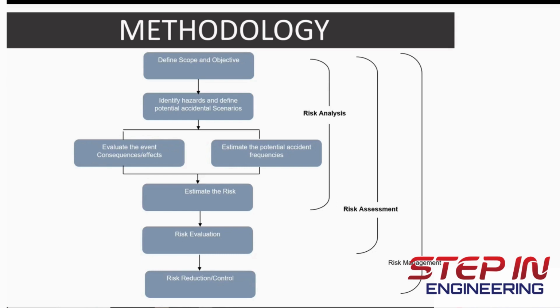How often your gasket may fail, causing a release or rupture of the cooker or something like that, maybe once in 6 months. That once in 6 months is called the failure frequency. So we need to identify how often the hazard can happen. That is what is called the failure frequency.